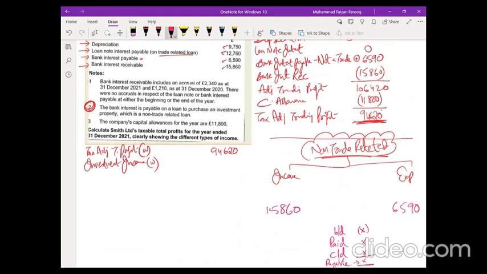Now, if I am calculating this one, just look. Bank interest receivable, this is receivable, leave it. For the payments, we don't have BD, we don't have CD, we have this, which is the same amount. So this is the final answer.